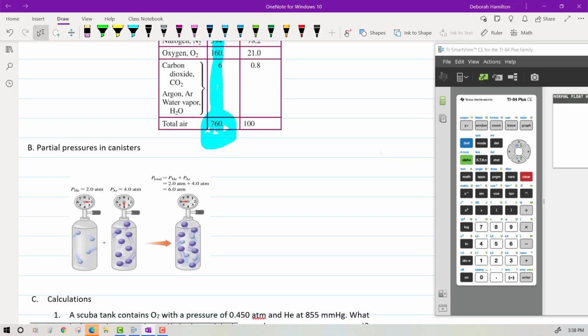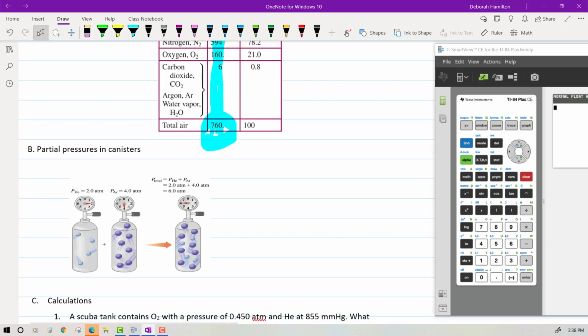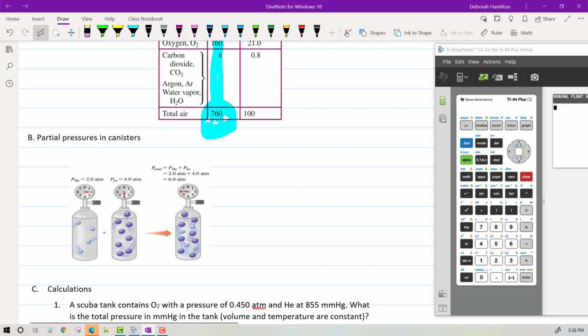Now let's take a look at a visual that's more like what happens in industries where they have to store mixtures of gases or make up mixtures of gases to suit the different vendors that are out there. So we have a couple of canisters here. One has helium in it, the other has argon in it.